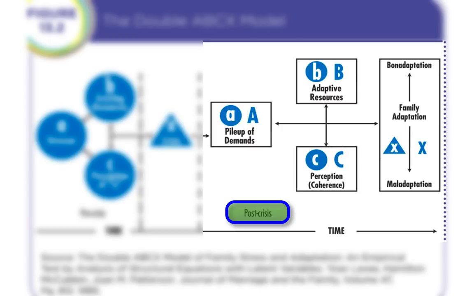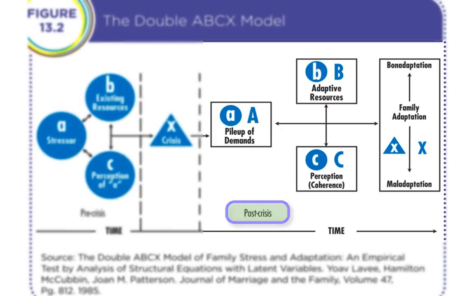And as this continues to pile up over time, either there's a family maladaptation or a bonadaptation, and this is again either positive or negative. But this is done over time, and this is done as things accumulate over time.